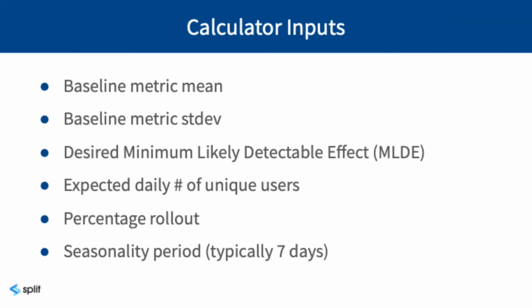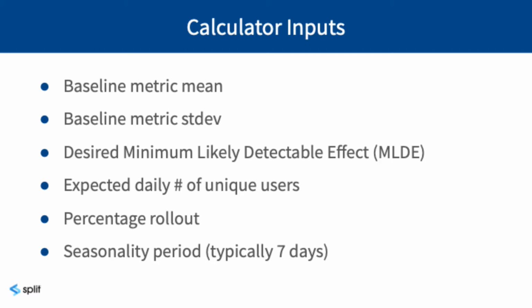The input of the calculators is some information about your key metric. Hopefully you have some baseline information about your key metric, such as what is the mean, what is the standard deviation, and you use those as inputs to the calculator. You also need to know the expected number of visitors that will see the feature that you're experimenting on, the percentage rollout for that feature, and then the desired MLDE.